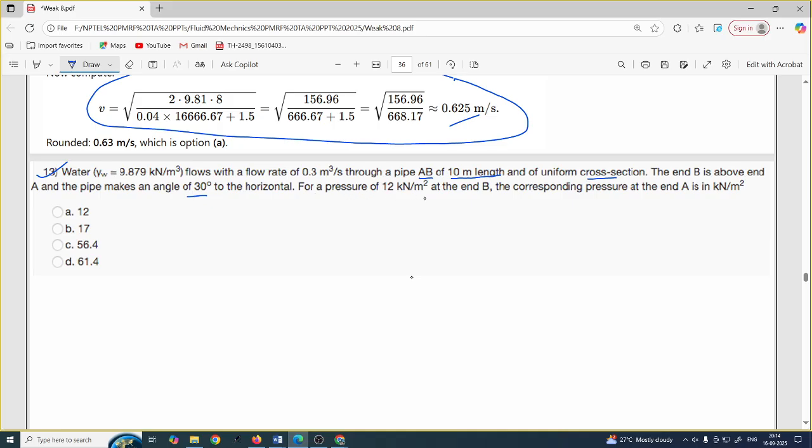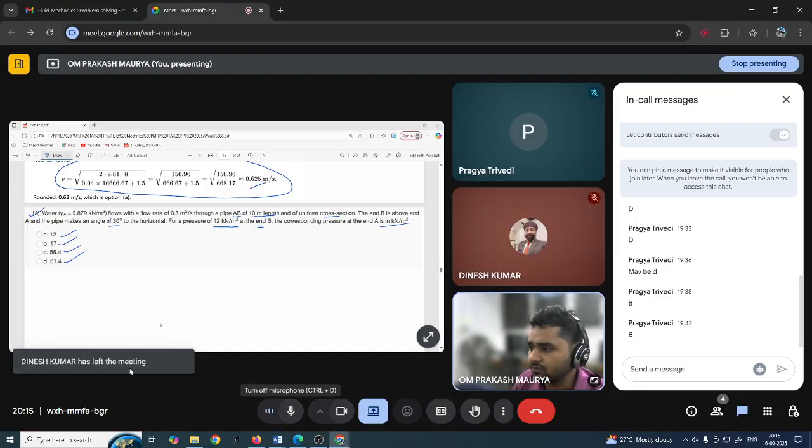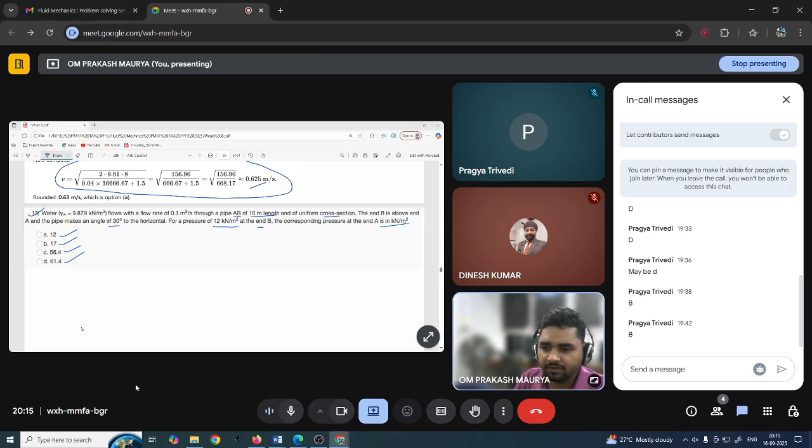For a pressure of 12 kilonewton per meter square at end B, what is the corresponding pressure at A in kilonewton per meter square? Please read the question very carefully, draw the diagram on your copy, and try to calculate the final answer. For this question you have 5 minutes, because this is very important.